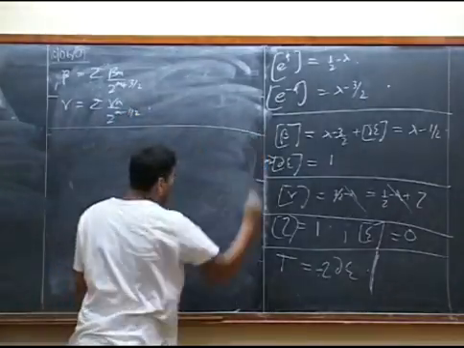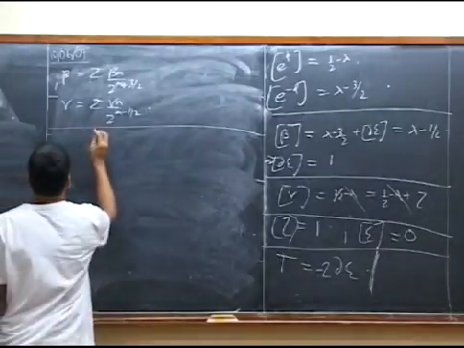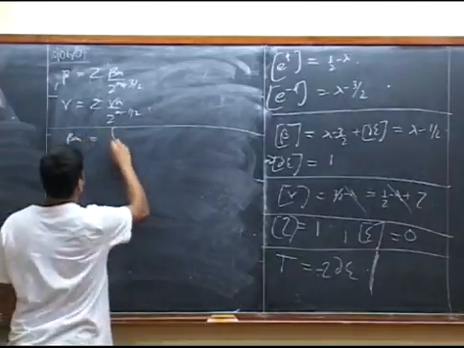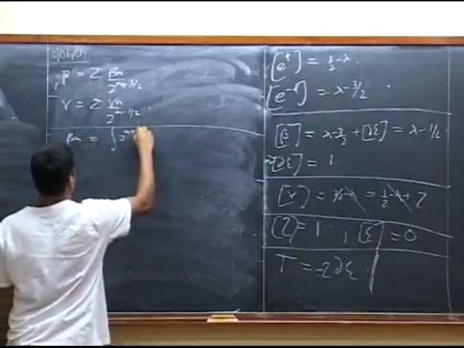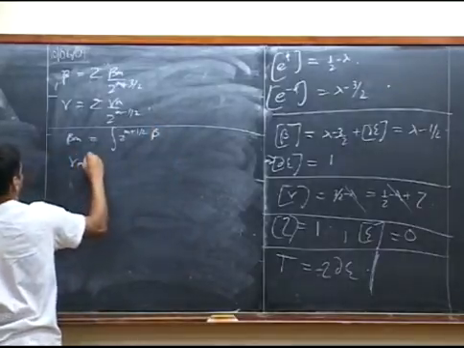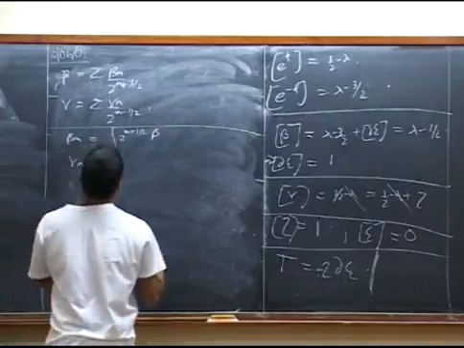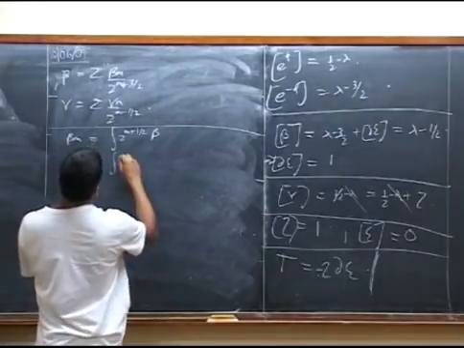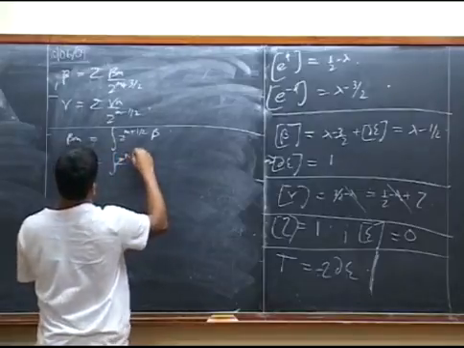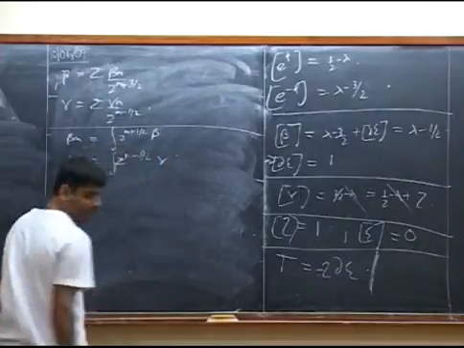Okay? And we need to start with the NS sector. We concluded that beta n was equal to z to the power n plus half, beta gamma n was, well, this is true for any sector, z to the power n minus 3 halves gamma.